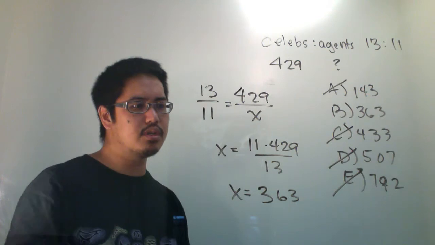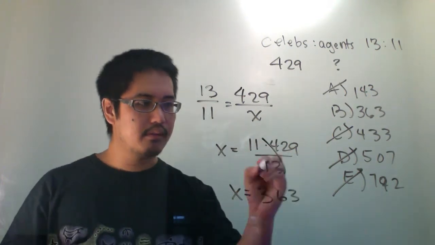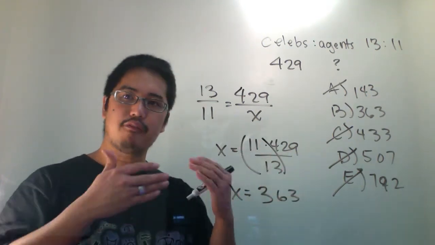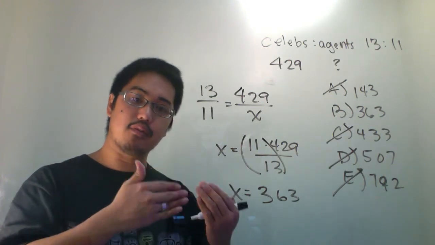363. Essentially what you're doing is you're multiplying 429 by a fraction, and that fraction is 11 over 13.